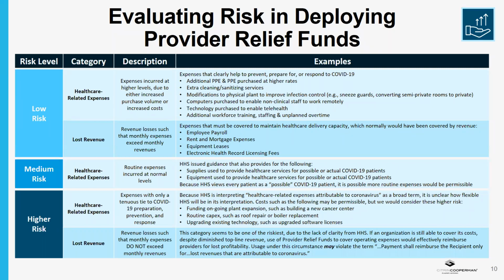And without more guidance from HHS, our perspective is that that's higher risk at this point, because it's a tougher argument with the diminished capacity.